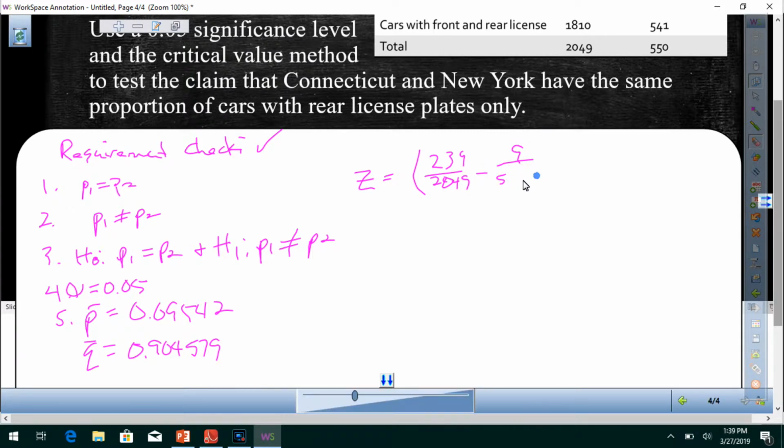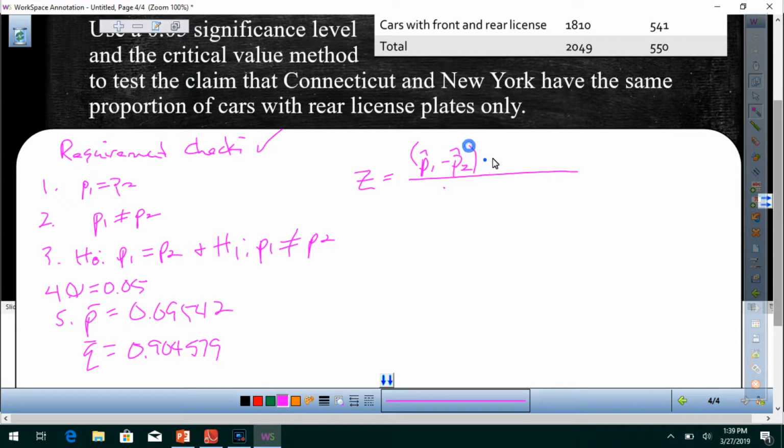You know what I didn't do? I didn't write all this out. So let me write this out so you can see. We've got P hat sub 1 minus P hat sub 2 minus P sub 1 minus P sub 2 over the square root of P bar times Q bar over N sub 1 plus P bar times Q bar over N sub 2.